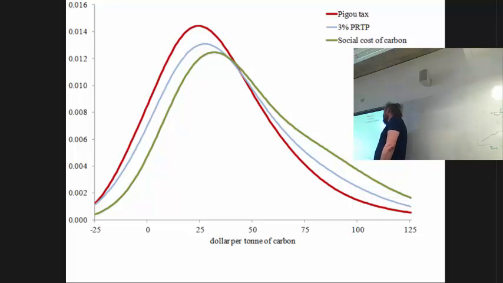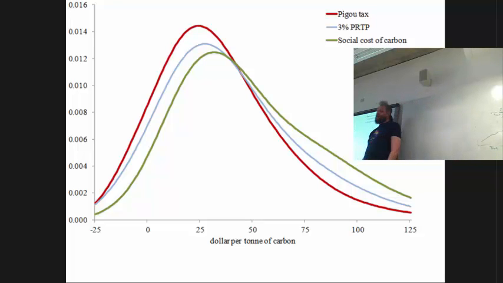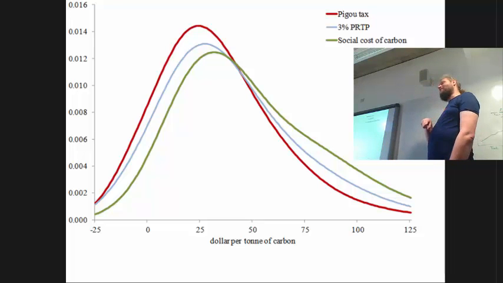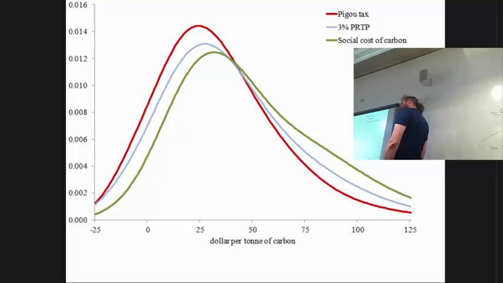In green we're looking at those that were evaluated along a business as usual scenario, a scenario without climate policy. And then in red you're looking at those scenarios where the carbon tax that was estimated was also imposed, and therefore emissions fell, and therefore climate change is not as big a problem because emissions are lower.